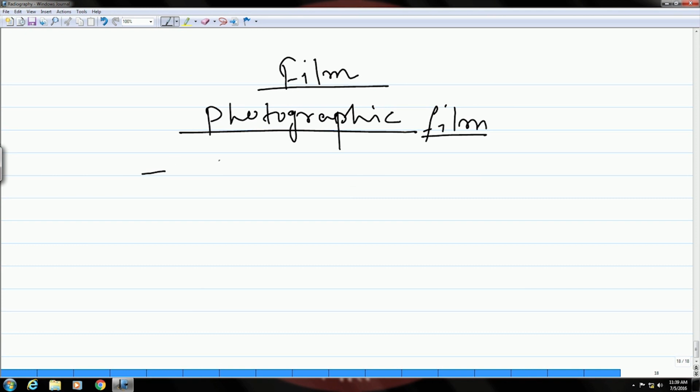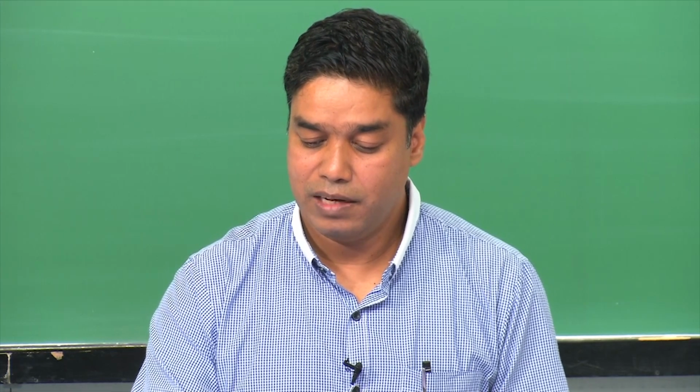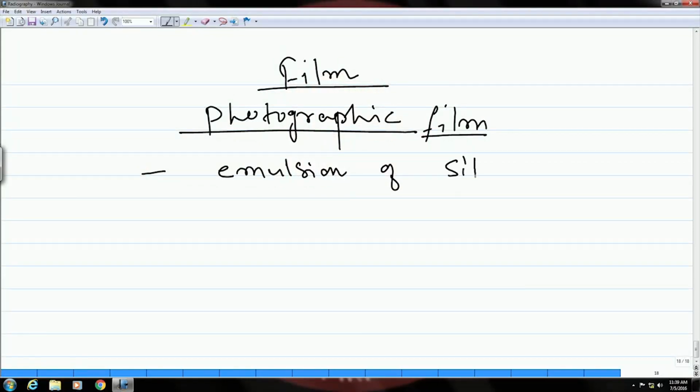So, this photographic film primarily contains an emulsion of a material which can easily interact with X-rays. This emulsion material is silver bromide or silver halides.